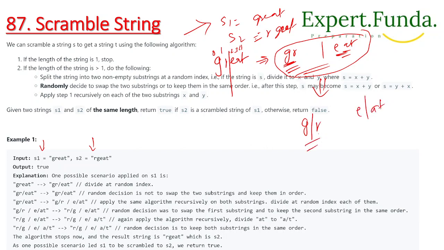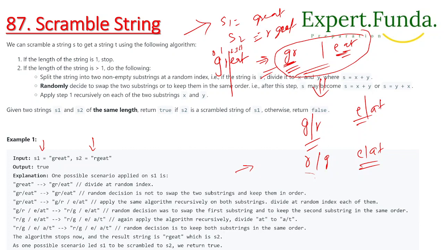Now we apply the rules here: we swap, so R will come here and G will come here. We will keep EAT like this only, without swapping.